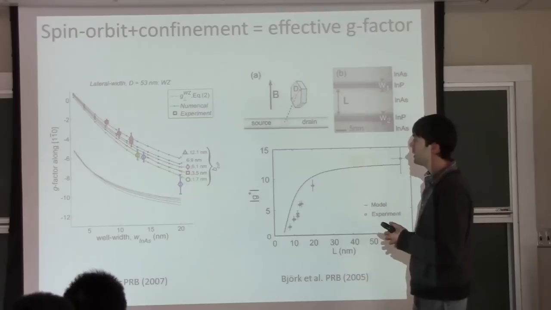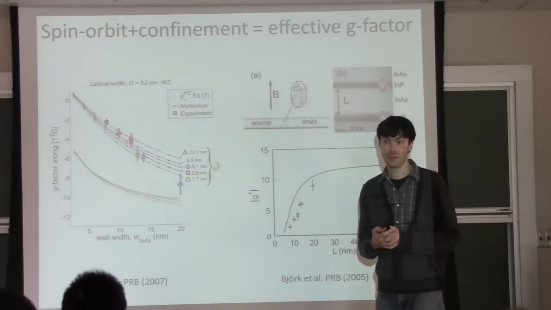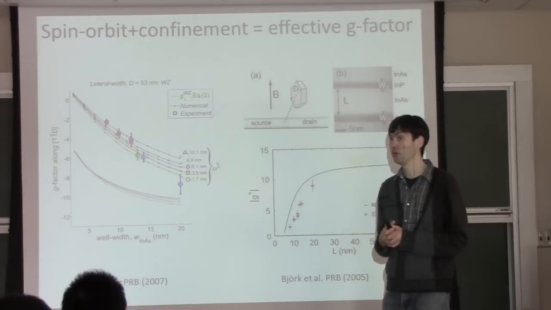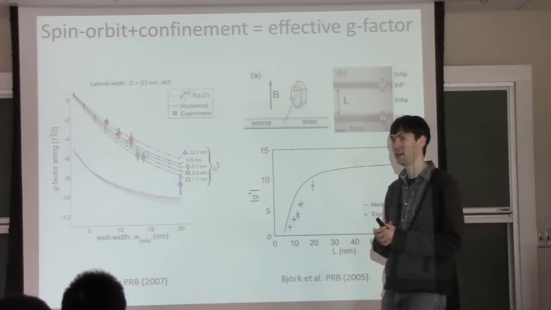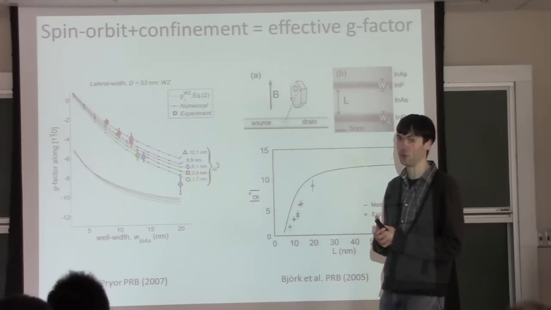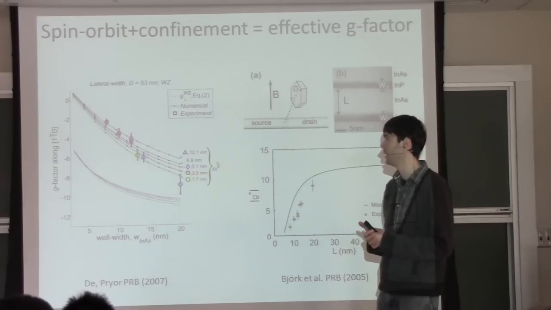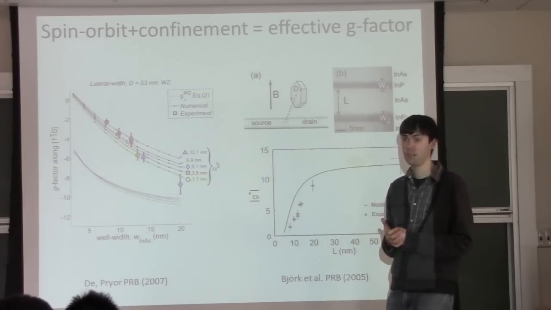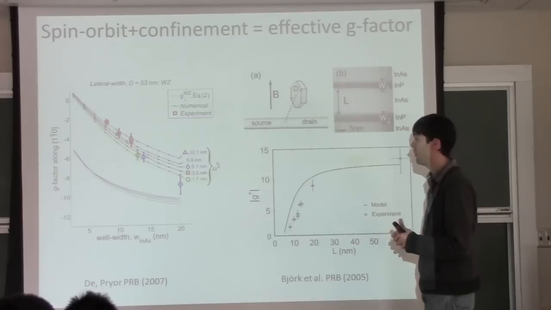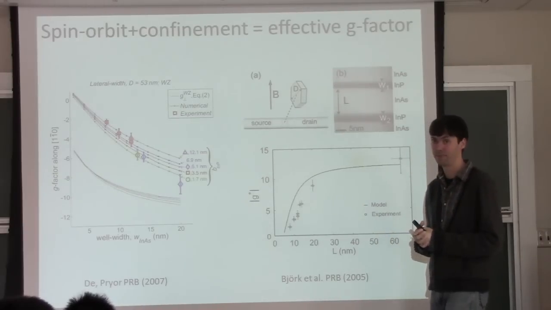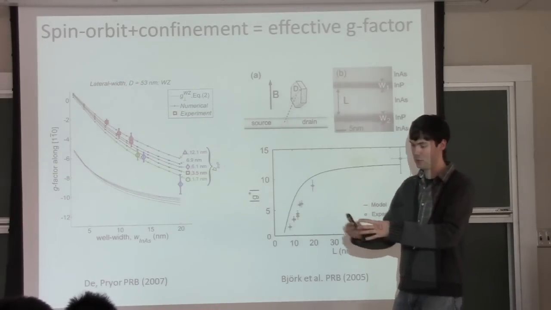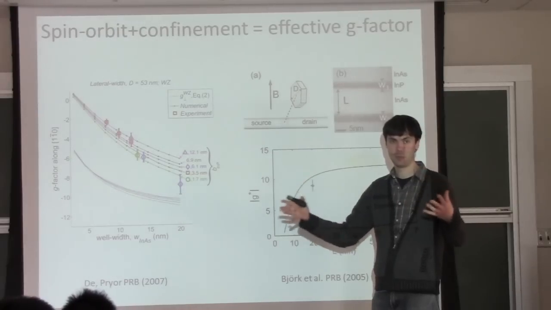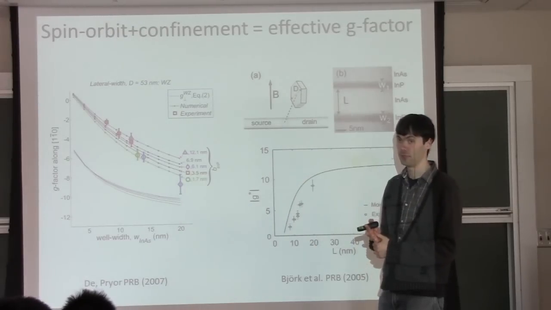So effective g factors can be very different. In gallium arsenide, it's minus 0.44 compared to the free electron value of 2. In indium arsenide, it is about minus 15. And in indium antimonide, it's about minus 50 in the bulk. So when you don't confine electrons, the spin-orbit effect is the strongest.